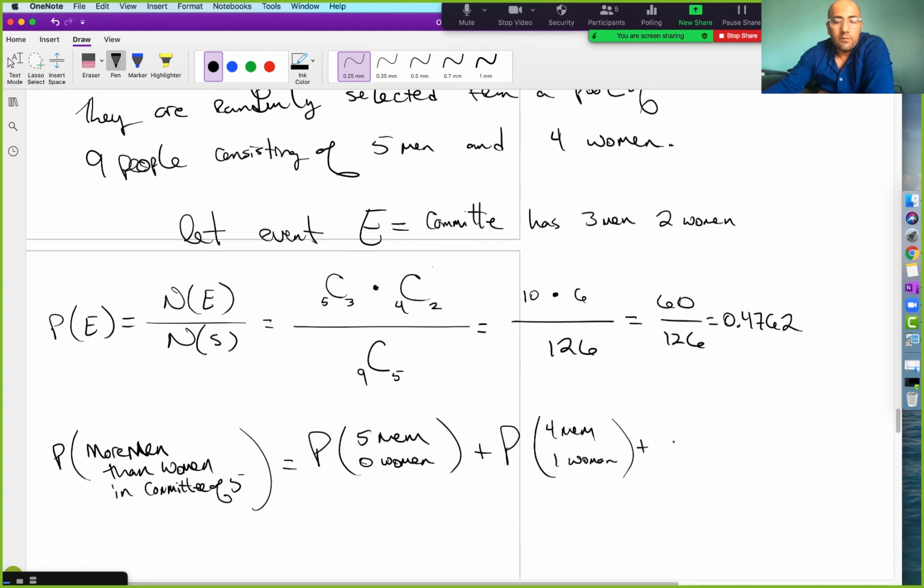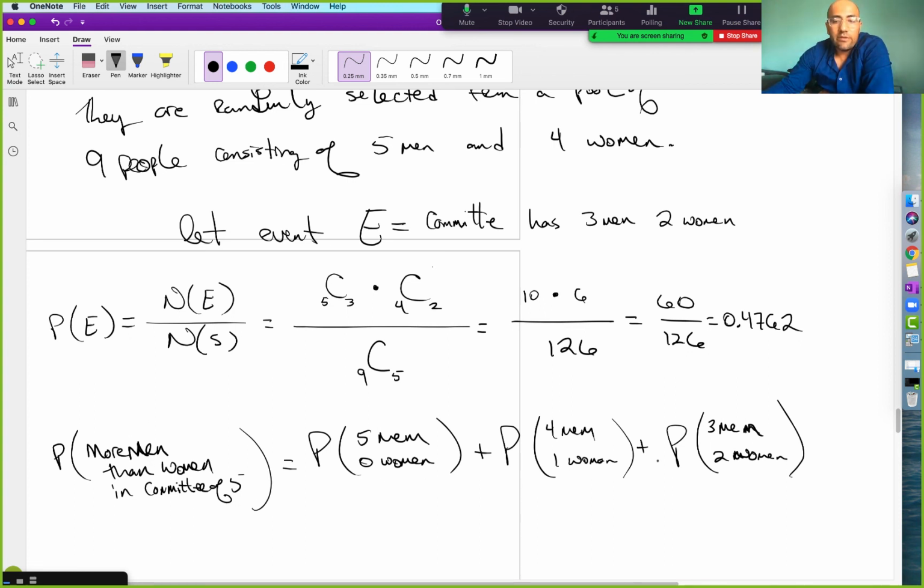Plus the case that there are 3 men and 2 women, which we already considered. That was this case, the probability that we have 3 men and 2 women. And that's the only other case, because if we move forward, then that would be 2 men and 3 women. So that would no longer be the case that there are more men than women.